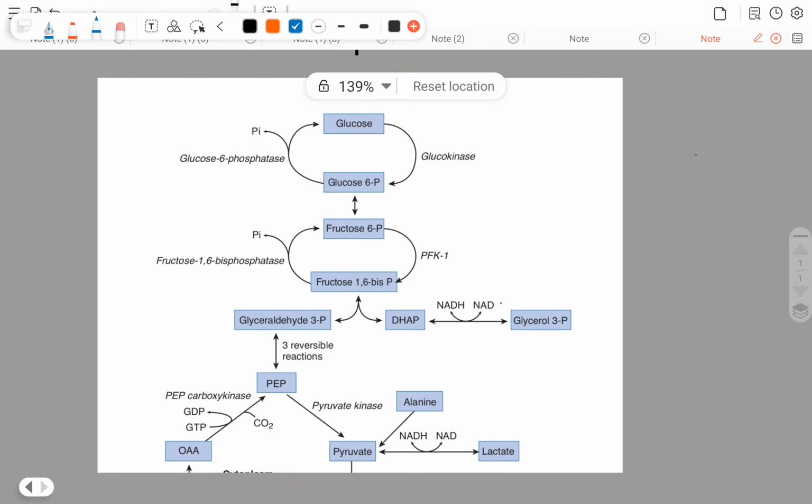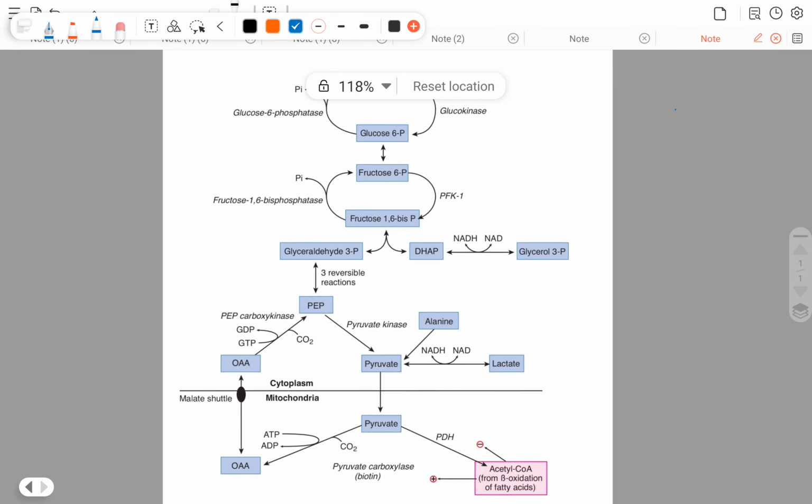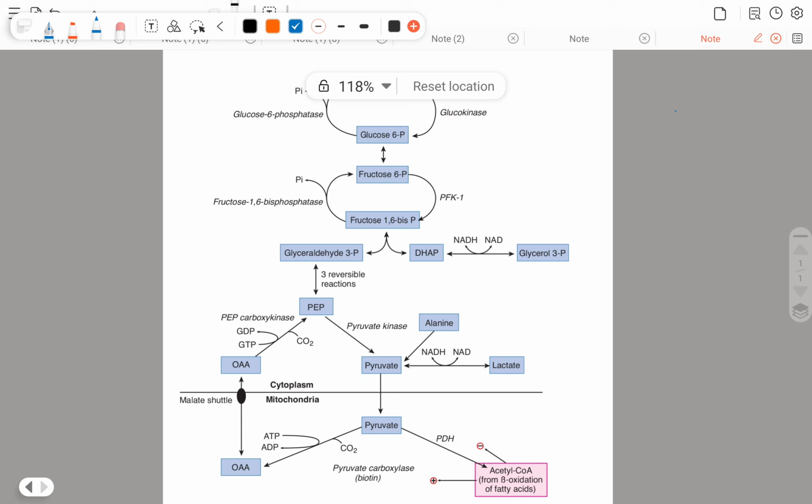And that's a schematic view of the gluconeogenesis and glucose metabolism. Look at that. That's glucose. When the glucose enters the cell, it is phosphorylated by glucokinase, and this enzyme's name in the liver is hexokinase.